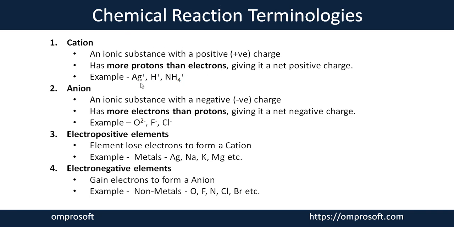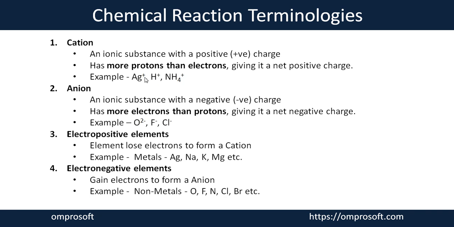Like you can see Ag+, H+ and NH4+. So here the plus sign means these elements have already given one electron to another substance. That is why they have a plus one charge.